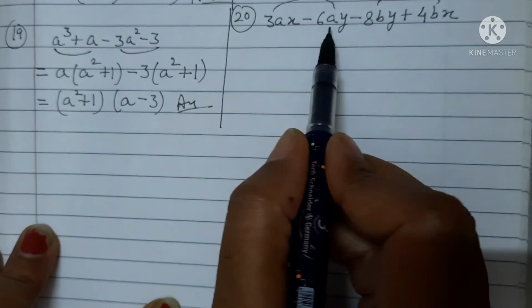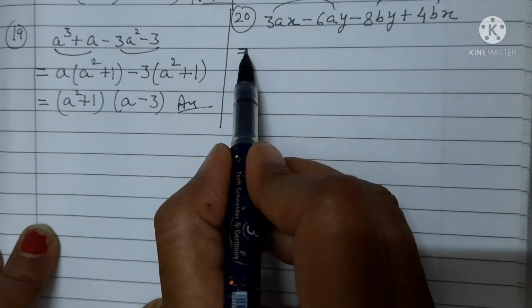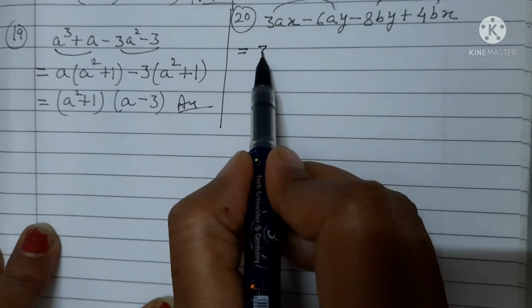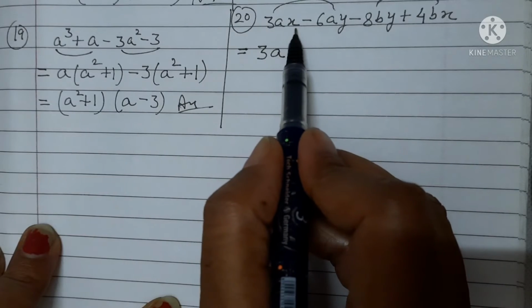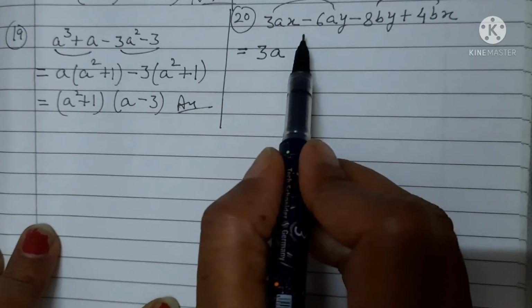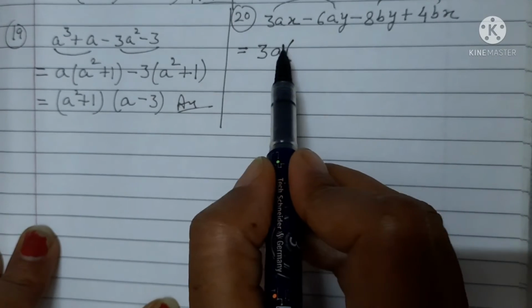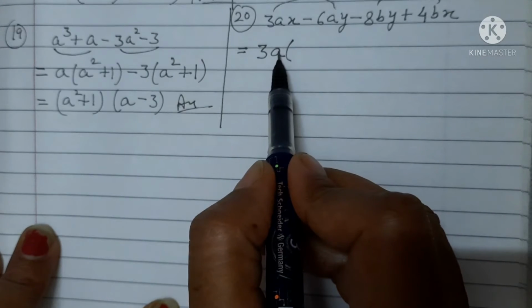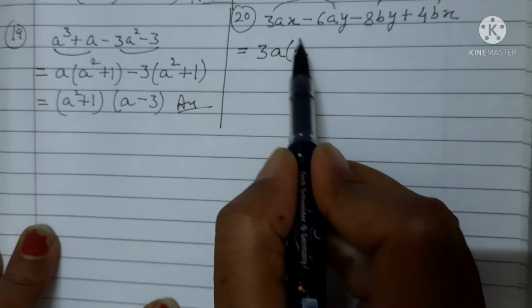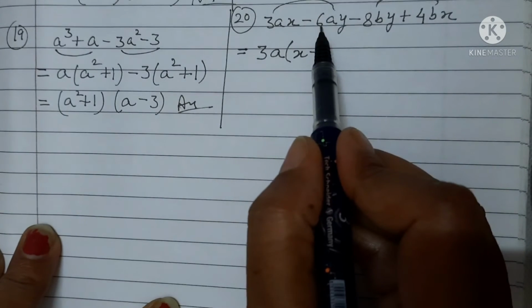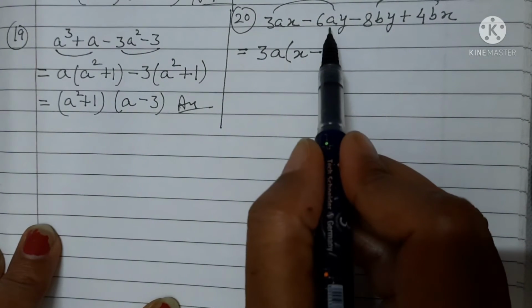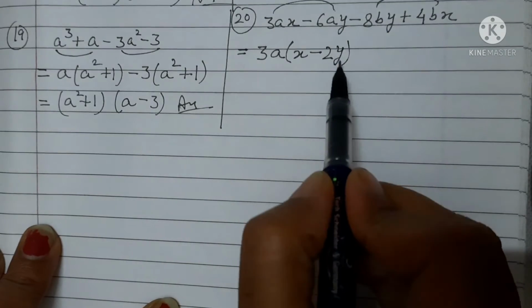Now what can you take common from here? 3 and a, and not x, not y. Now write down the remaining part. 3a taken out, so x is here, minus, and 3 times 2 for the 6, so 2 remains, and y.